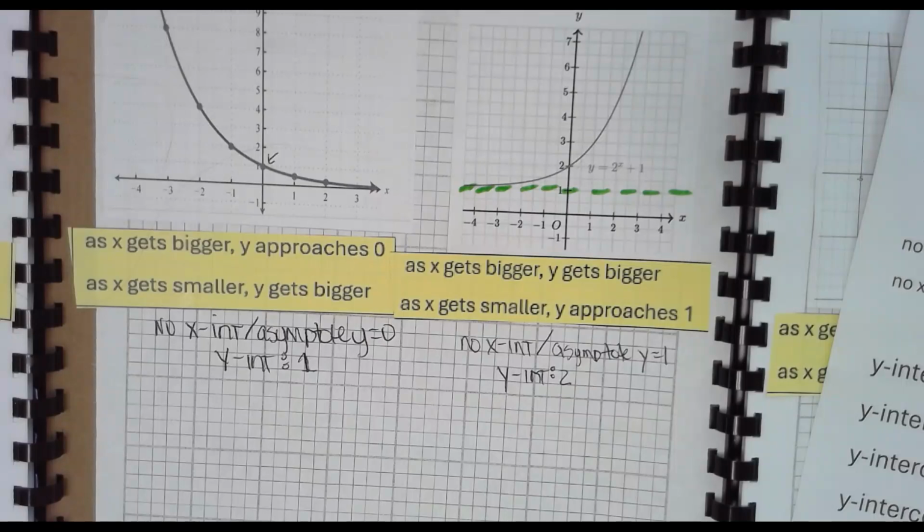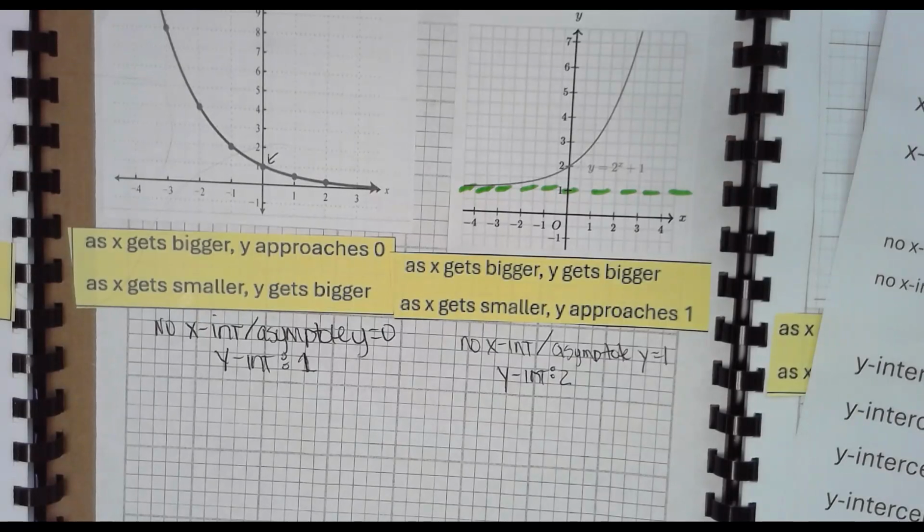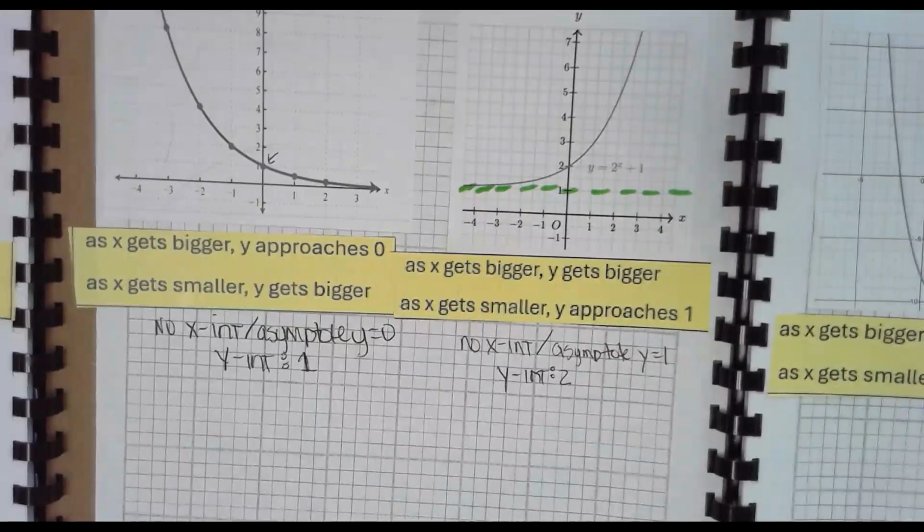And remember, horizontal line is y = 1. Okay, over here, we got a fence right here now. That line is y = 0. It's going to get closer to 0 and never touch. And notice they're using y equals for the asymptote, not x equals. Okay.